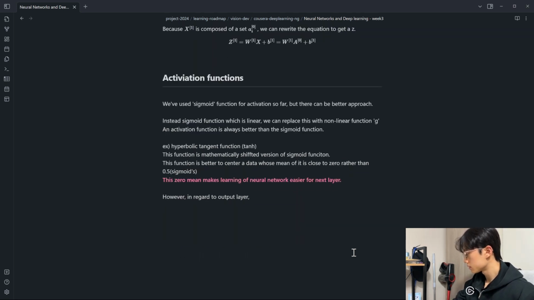So the one exception where I would use the sigmoid activation function is when you're using binary classification.